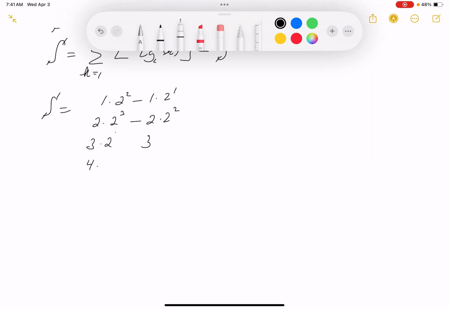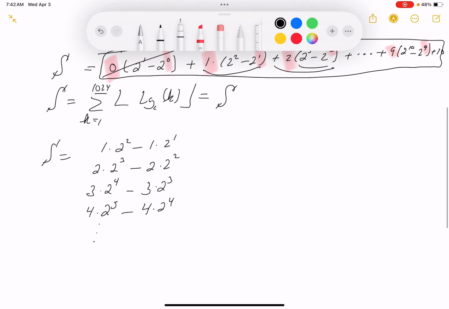So 2, 4, 2, 3. 2, 5. And 2, 4. All right, yada, yada, yada. I get to the end of it, and the end of it's going to be that 9. And that's going to be 9 times 2 to the 10 minus 9 times 2 to the 9. Right, and these are all added together, by the way. Put this down. The last term is just going to be a 10.